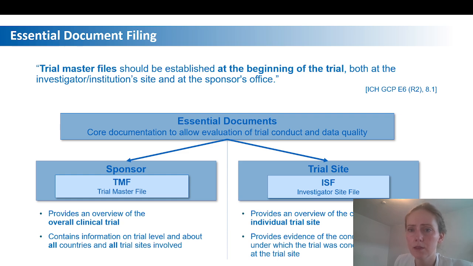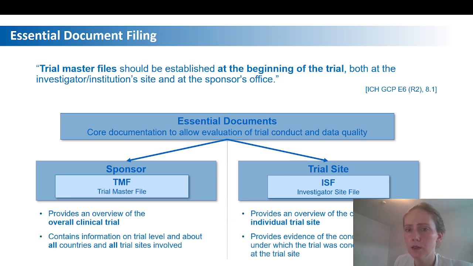As a result, there is the sponsor trial master file, the TMF, which provides an overview over the entire trial. It contains documents on trial, country and site levels and gives insights into the trial conduct across all involved parties. It is therefore usually more comprehensive than the site file, the ISF, which provides an overview of the trial conduct only at the individual trial site.